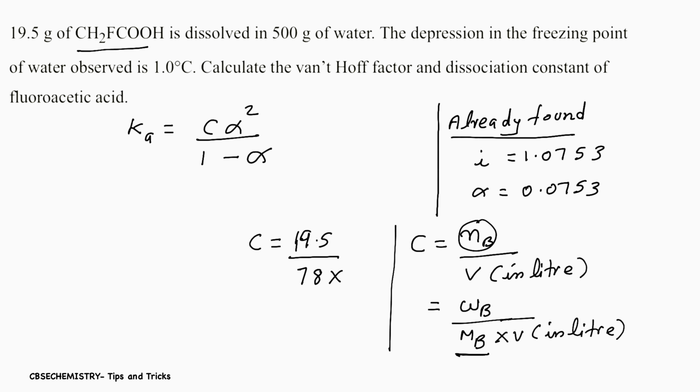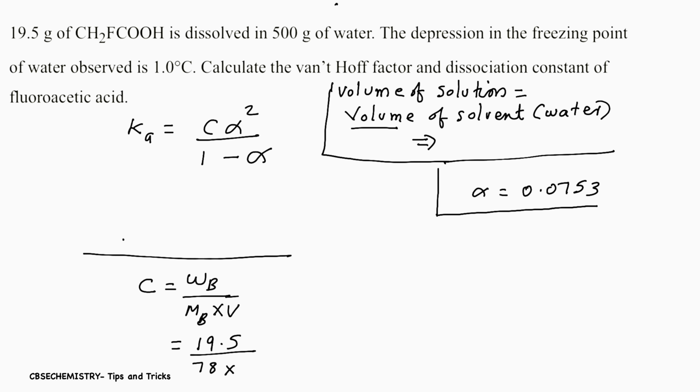Into volume. How to find volume of solution? We are going to approximate volume of solution as volume of solvent, that is water, by ignoring the volume of solute. Okay, that is for mathematical easiness. And how to find volume of solvent? As it is water, it is very easy. They have given the mass of water, right? And we know mass by density is volume, correct?